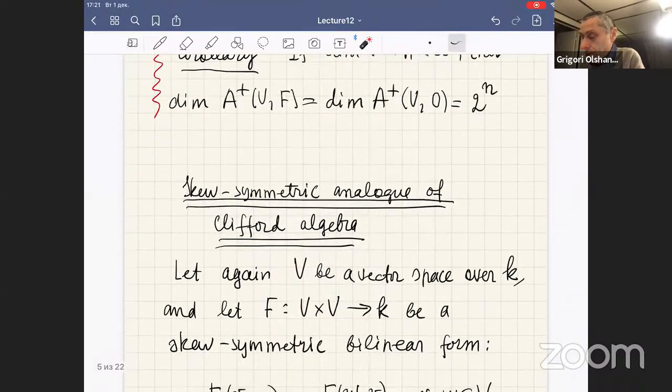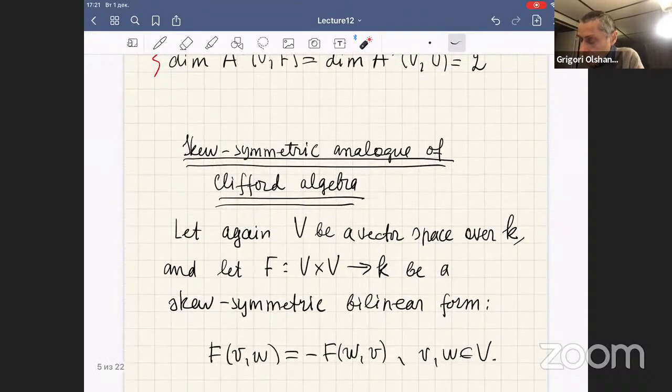Now one can introduce a skew symmetric or anti-symmetric analog of a Clifford algebra. Sometimes probably it's called the Weil algebra, but I'm not sure that this is canonical terminology. So let's call it simply the skew symmetric analog.